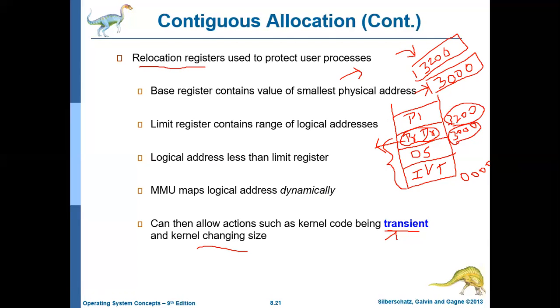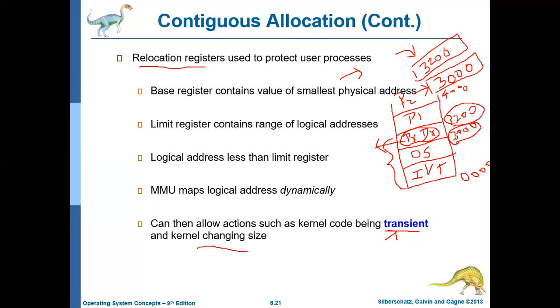Similarly, if the operating system size decreases, then also the base register content of other processes should be updated. If the base register content of P1 changes, then obviously P2's will also change, right? So if P1 is stored from 3200 to 4000, then if the operating system ends at 3200, P1's base register will be 3200 and P2's base register will be 4000.